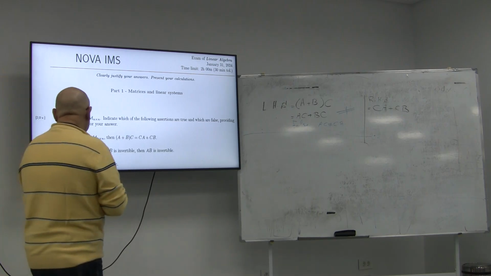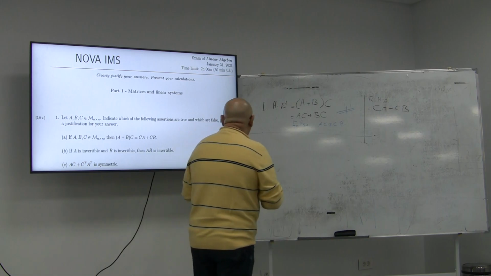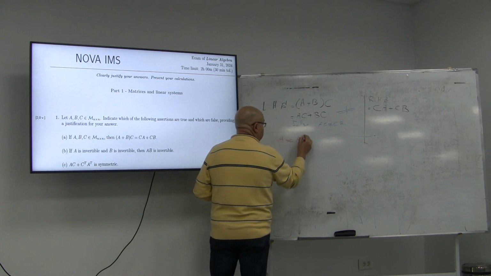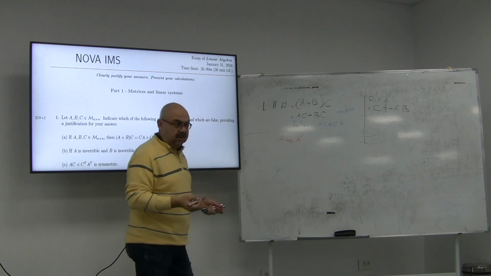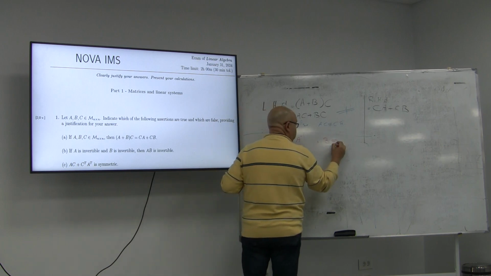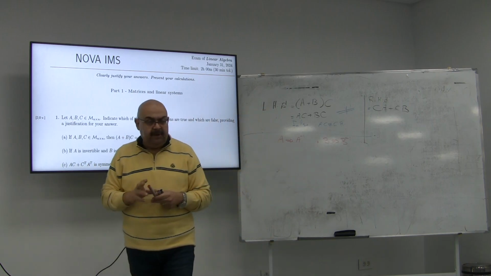Okay. If I want to go through statement B, remark that he states already that A contains A minus 1, which means it is invertible. And also, we know that B is invertible, so you can get B minus 1.